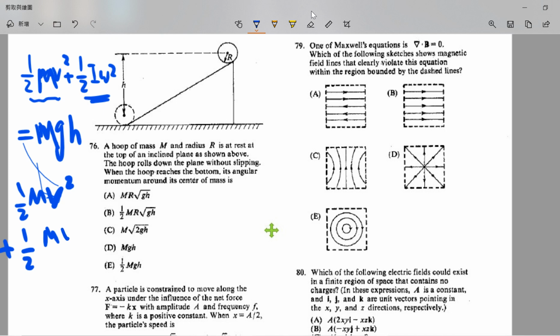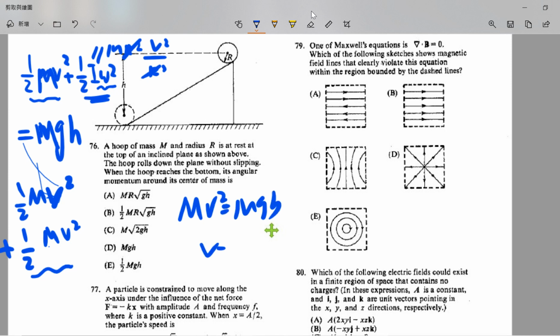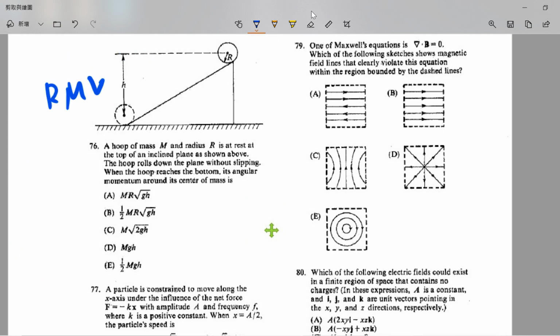This term is the same as this term, because I equals MR squared and omega squared equals v squared over r squared, so it cancels. These two terms are actually the same. So you have Mv squared equals Mgh, so v squared is gh. Now we know the answer because the answer is RMv, so RM times the square root of gh. Which one is the answer? The answer is A.